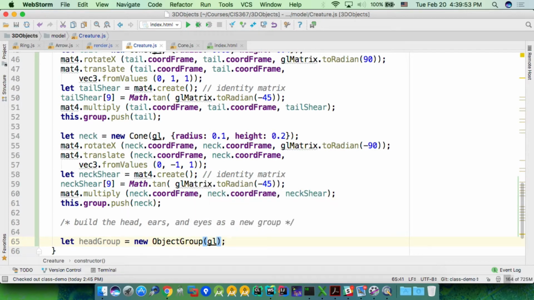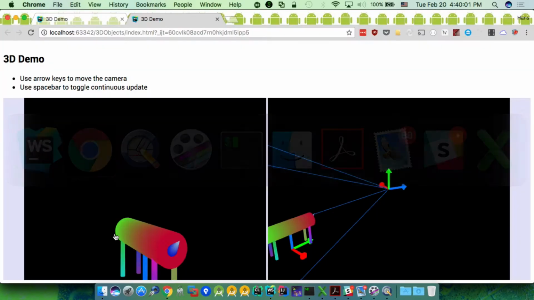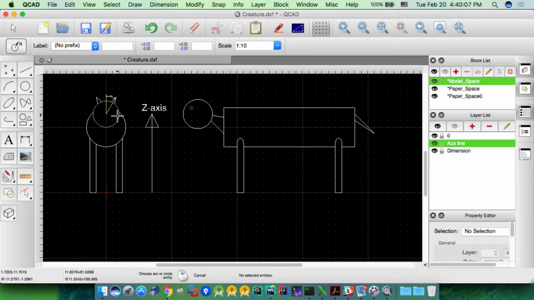Okay, so we have to build a new head group. So what would be the geometry of the head and ears? Sphere. Two cones. So the head, we can start with a sphere, right? And then put the two cones, we can put the cone at the top, and then rotate by some amount.